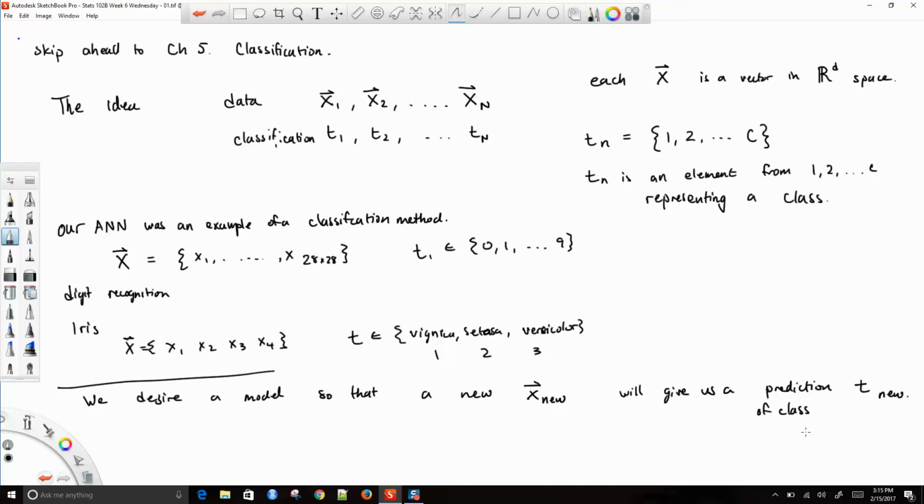Because it's dichotomous in nature, the probability of 0 is 1 minus the probability of 1.